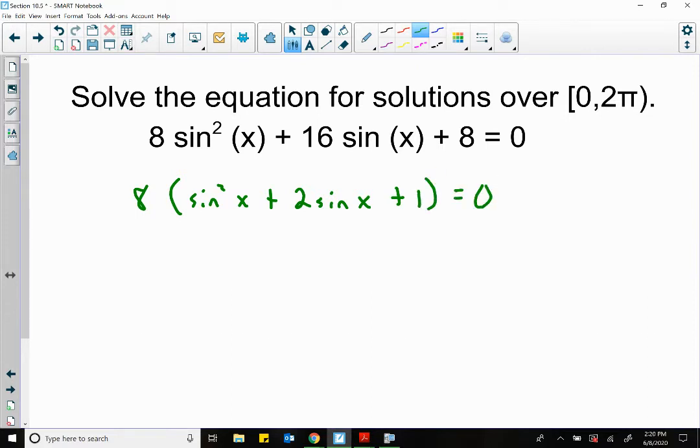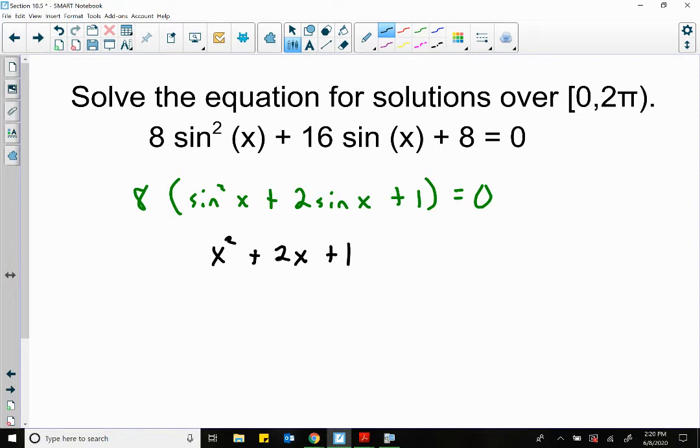And hopefully you're like, I'm going to factor on this. Because if I think of sine as just the variable x, I've got x squared plus 2x plus 1.